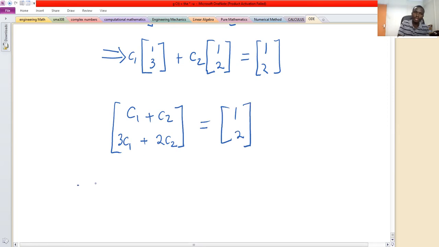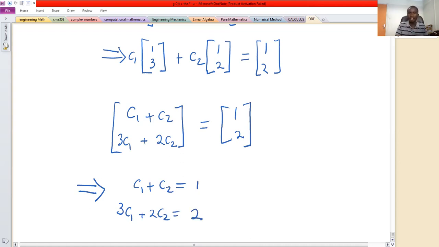And so for this equality to make sense, C1 plus C2 should be 1, and 3C1 plus 2C2 should be 2. These are just simultaneous equations in C1 and C2.